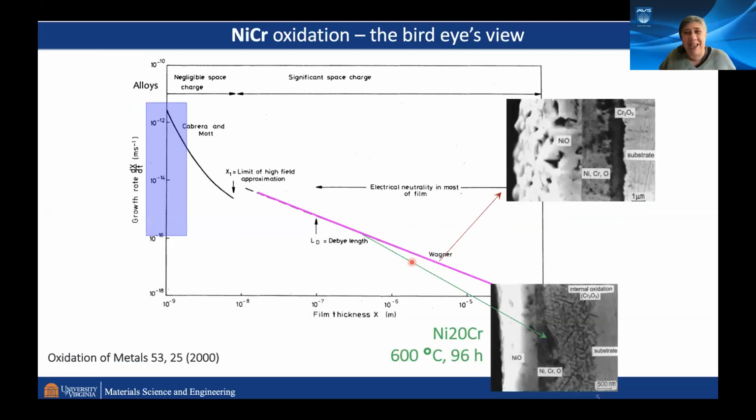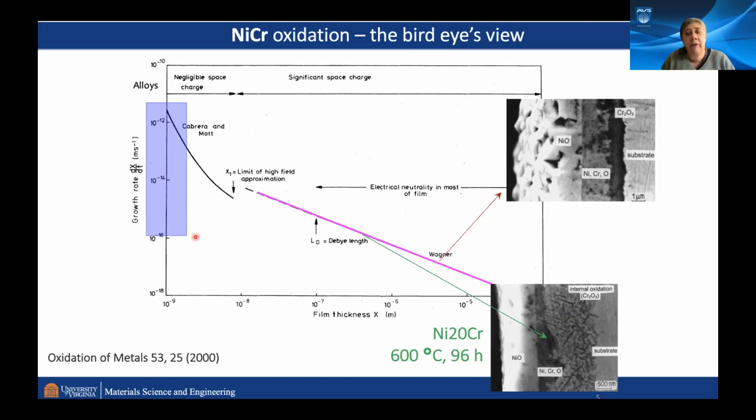So how does it play out? And this is just a very general idea. This is valid for pretty much all the thermal oxidation processes. So you start from a blank alloy, just like on this side. Then you start to accumulate oxide on the surface.